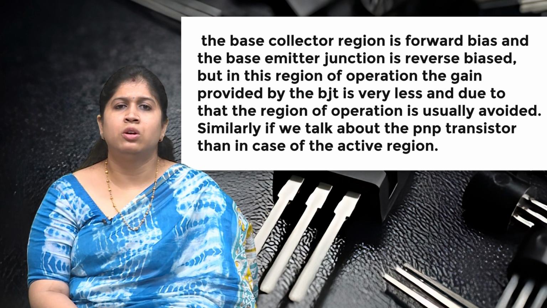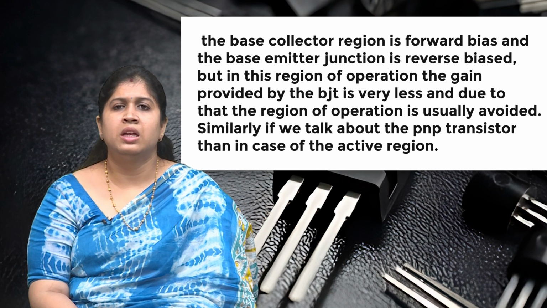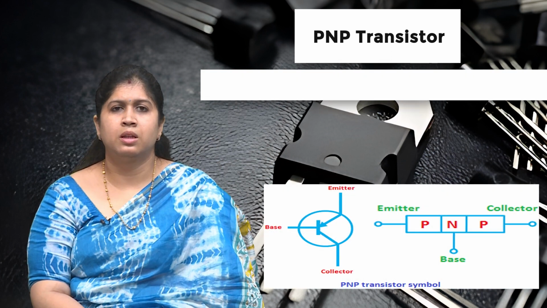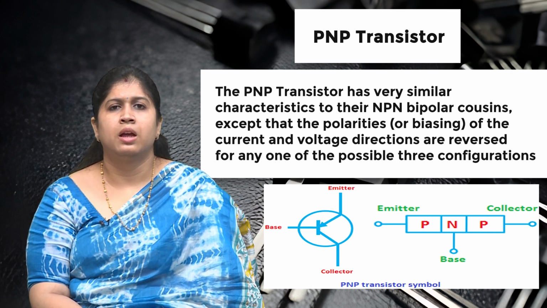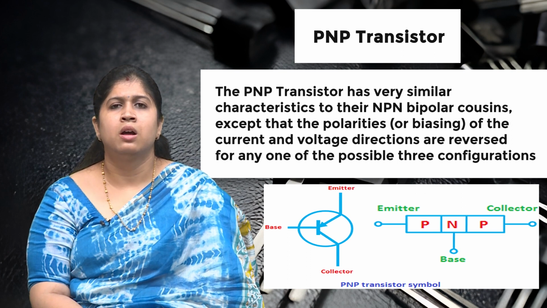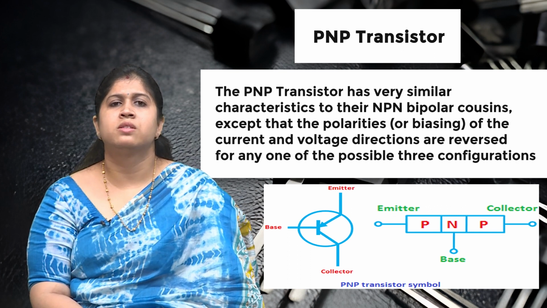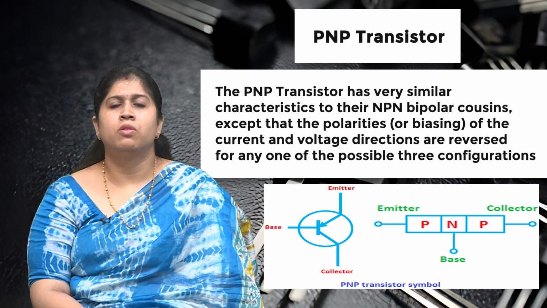Similarly, if we talk about the PNP transistor, then in case of the active region. The PNP transistor has very similar characteristics to the NPN bipolar transistor, except that the polarities or biasing of the current and the voltage direction are reversed for any one of the possible three configurations.